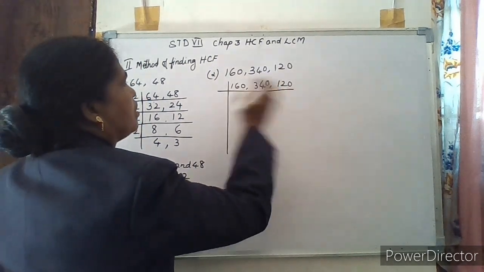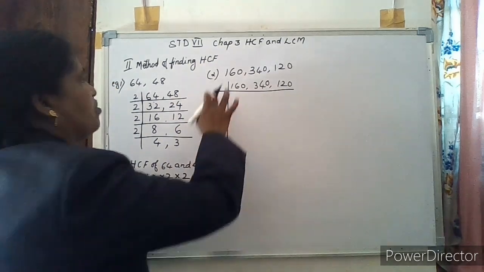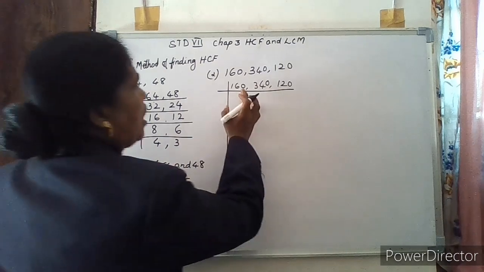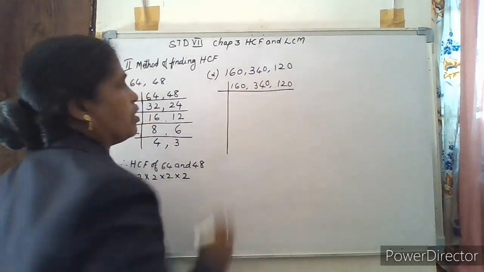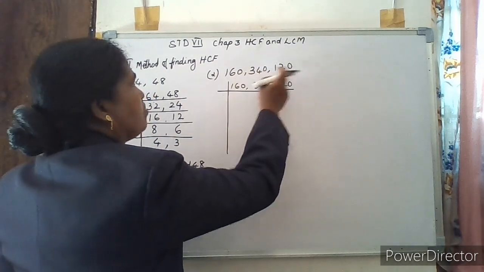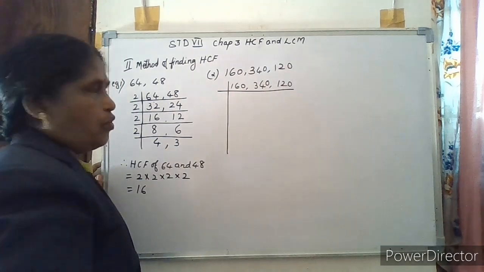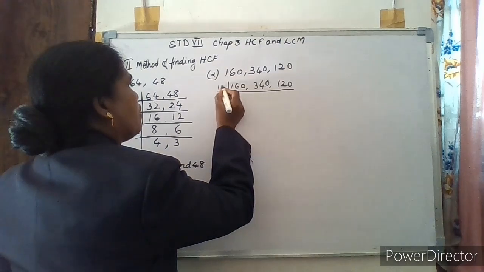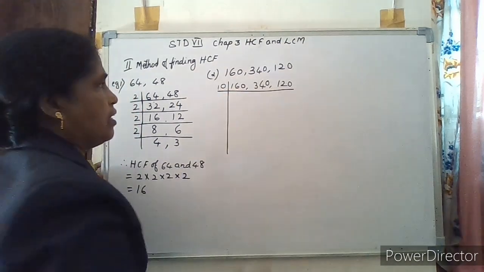These are all three numbers. Here it is not necessary that we take prime factors only. Now see, at the last place, in the units place of all these three numbers, we have got 0, 0, 0. So we can shorten the division by dividing directly by 10.